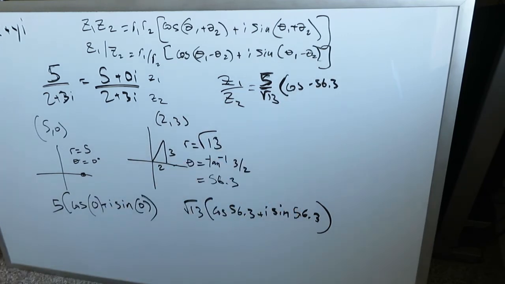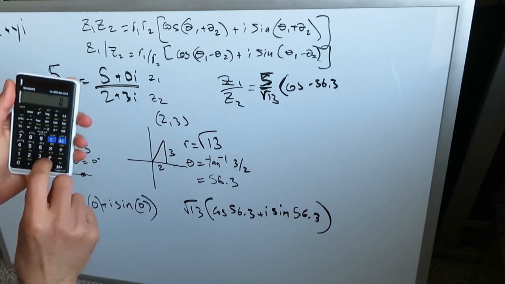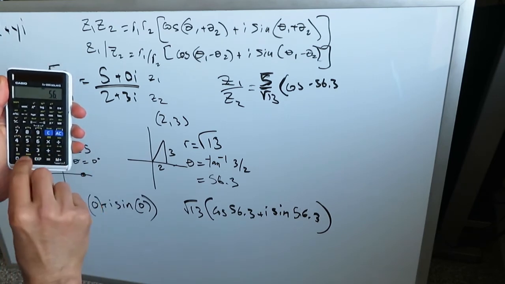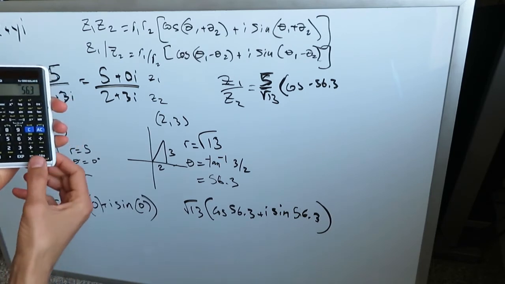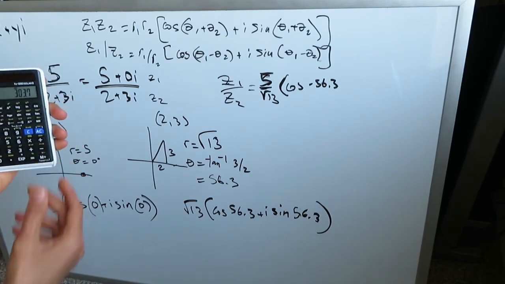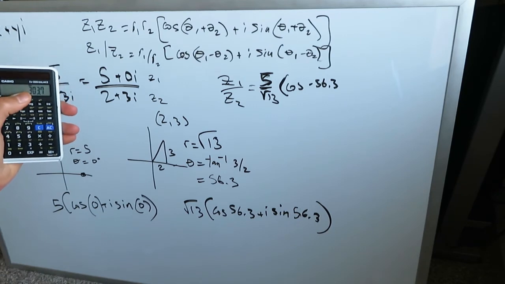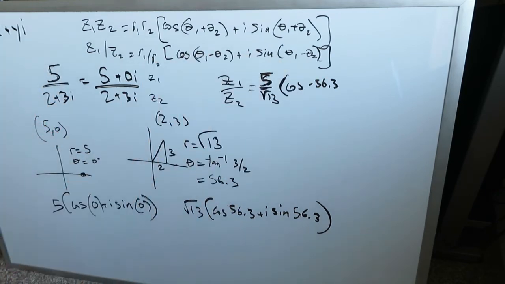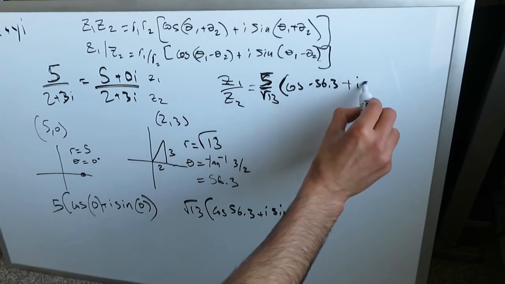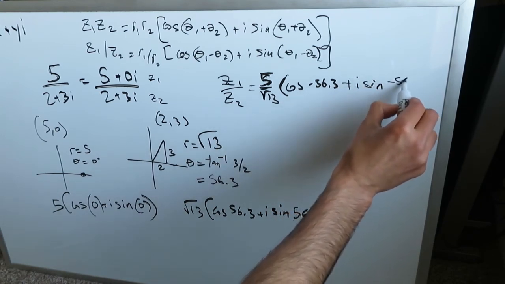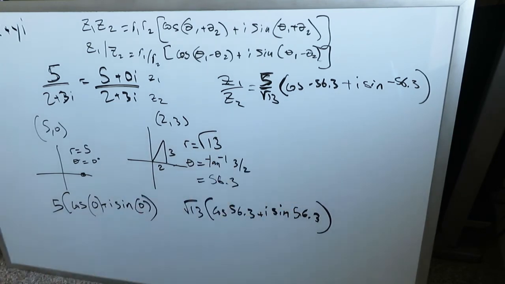You can actually convert minus 56.3 into a proper angle: 360 minus 56.3, because you're going 56.3 degrees below the 0 horizontal axis, and you have 303.7. You can use 303.7 or you can use minus 56.3. It doesn't matter. Plus i sine minus 56.3.